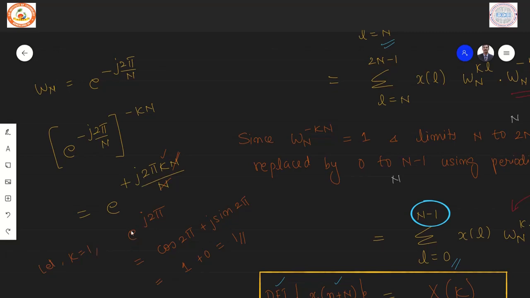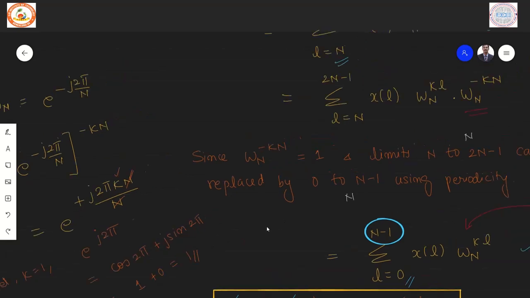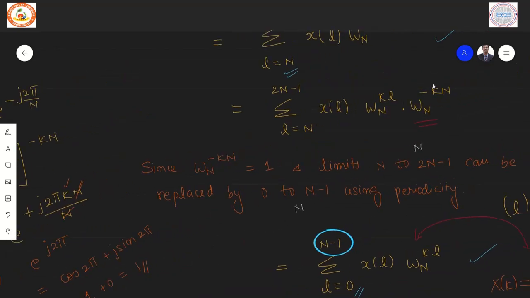Then the equation becomes e power of j2 pi, and we know the solution for that using Euler's relation is cos 2 pi plus j sine 2 pi. The cosine becomes 1 and sine becomes 0. Hence we are very sure that the answer is equal to 1. So this twiddle factor will be substituted with 1.